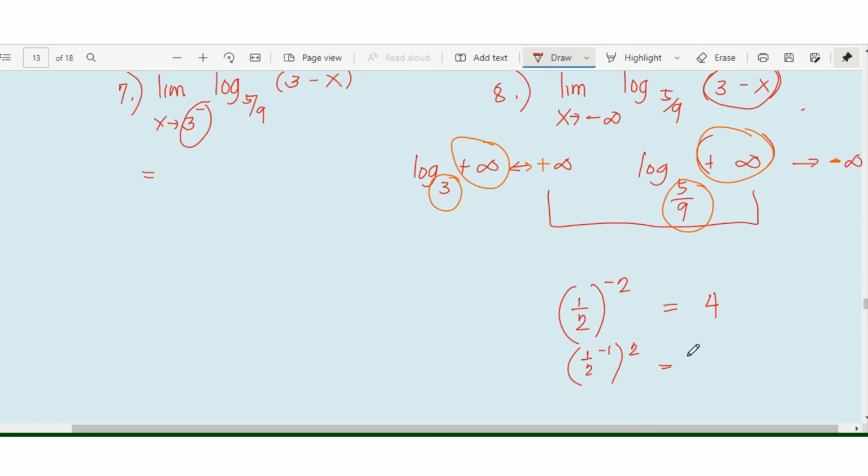This will become 1/2 the quantity raised to -1 is 2. So 2 raised to 2 is 4. So ibig sabihin nito, class, ang lahat ng numbers na decreasing, mag-i-increase ang values, no, ng logarithm kung ang exponent mo ay tuloy-tuloy sa pag-decrease.